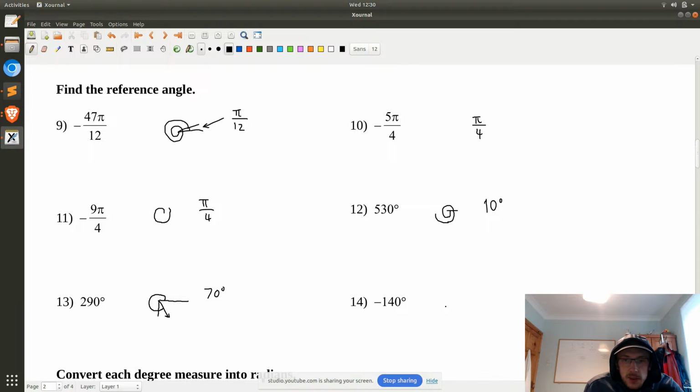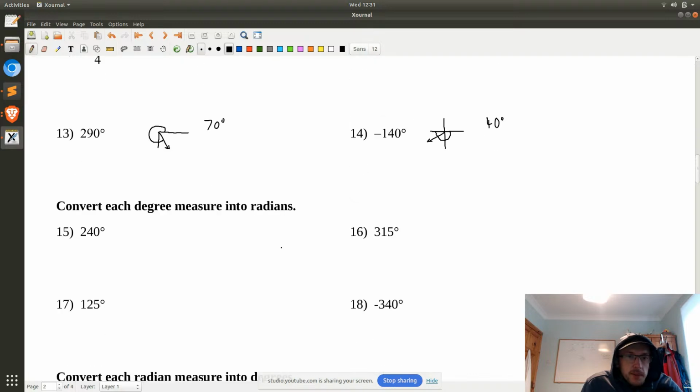Negative 140. So it needs to go on by 40 degrees, so there. And I check that it's all correct, and that's good.